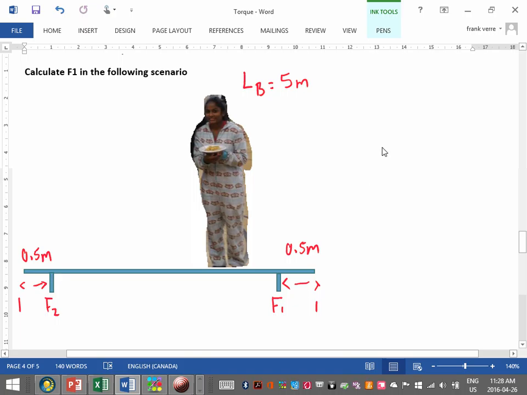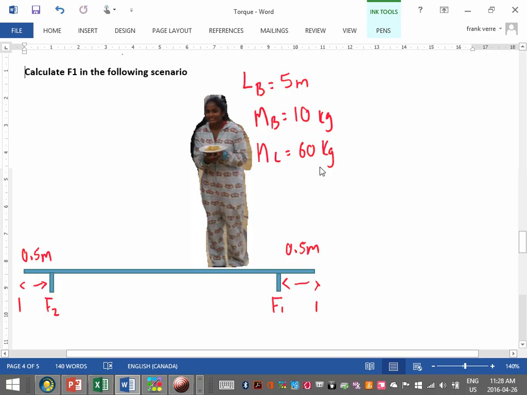Let's say the mass of the beam is 10 kilograms, and the mass of this lady is, we'll just say, 60 kilograms.